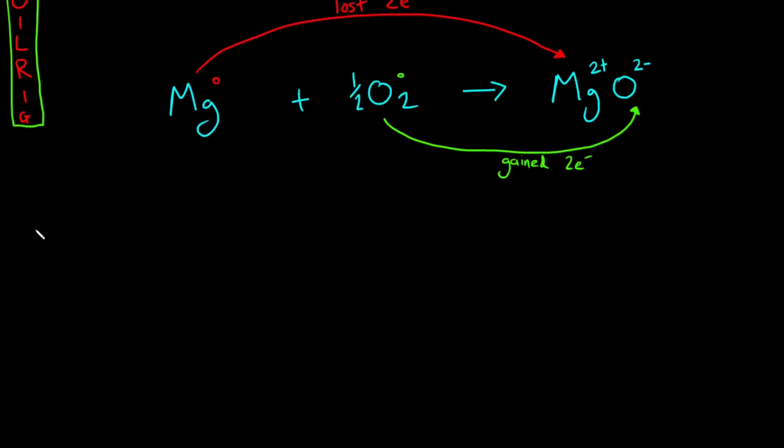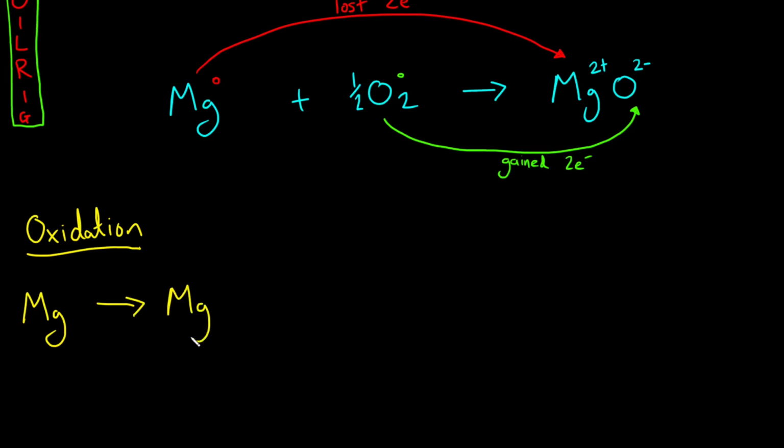So let's start off with the oxidation step. Oxidation. And we've already said that, well, it's the magnesium that is being oxidized. Oxidation is the loss of electrons. So the magnesium is turning into the Mg2+ ion by losing 2 electrons. Now you can do that exactly like I've done there and just figure it out based upon what's happening to the magnesium.